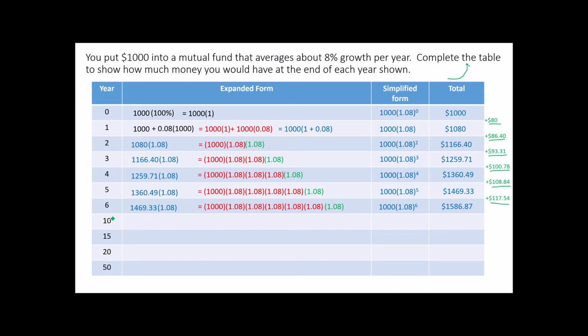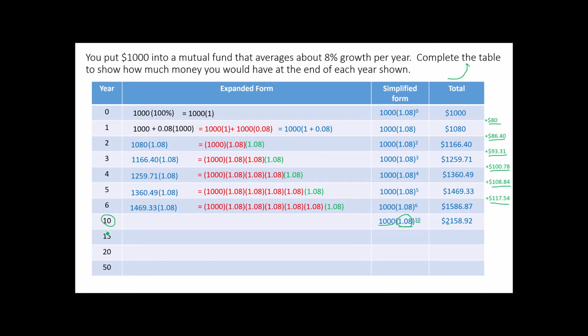Well, let's jump down here to 10 years. In year 10, I'm going to have that $1,000, and I will have multiplied by 1.08, or I will have gained 8% 10 times. If I type that in a calculator, my $1,000 in 10 years has turned into $2,158.92 exactly.